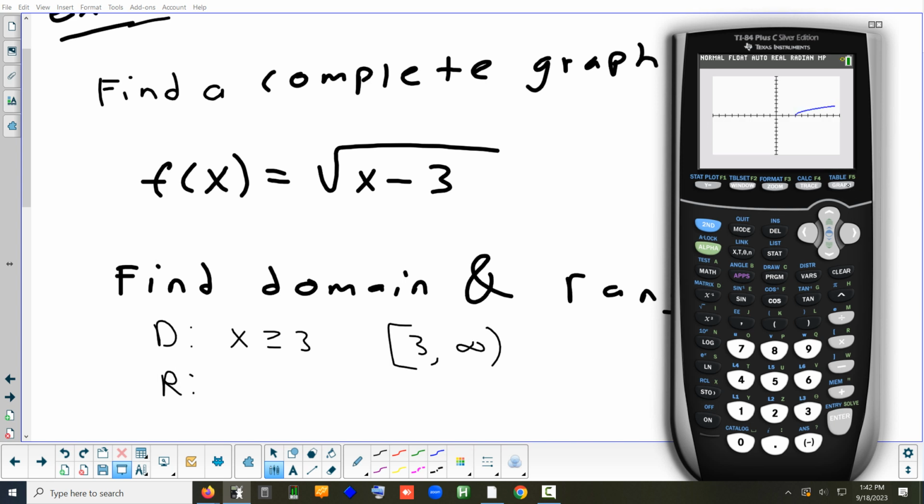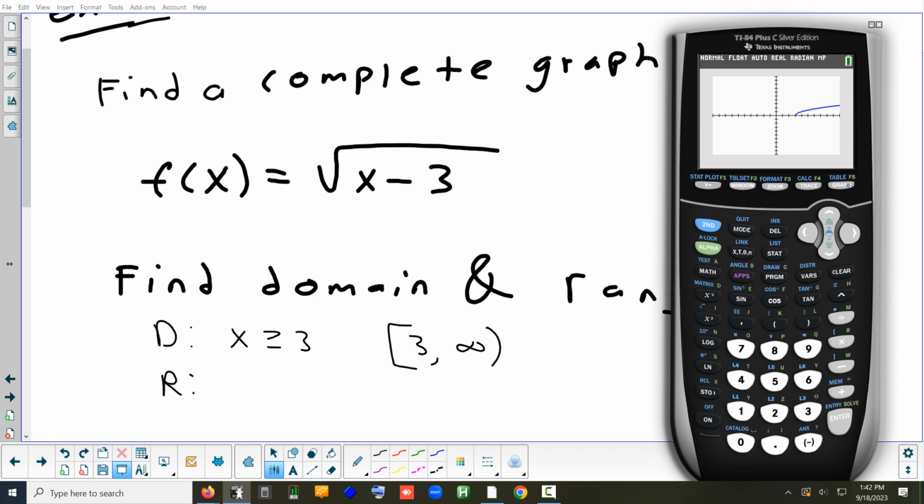So we already know how far left and right it's going to go. It's going to start at 3, and it's going to go to the right forever. And that's exactly what our graph looks like. Starts at 3, goes to the right forever. Now, range, I'm interested in up and down. What's the lowest that it looks like that blue curve goes on the screen? 0.